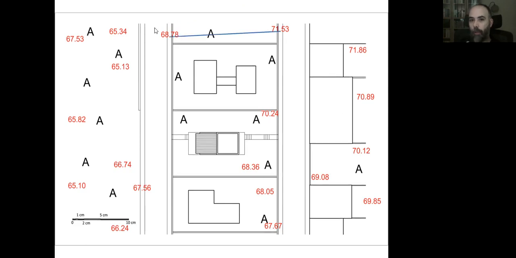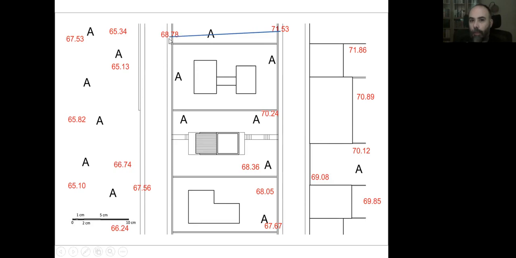Obviously, there are approximately 3 meters between these two dots. So we can do something like this. With a freehand drawing, you can create this line that connects these two dots.